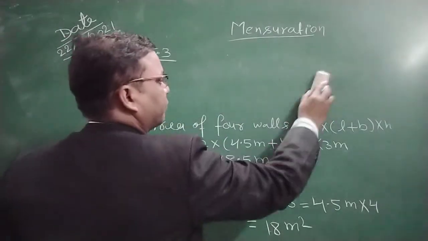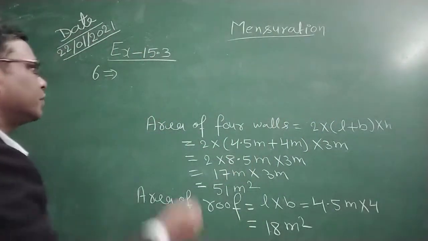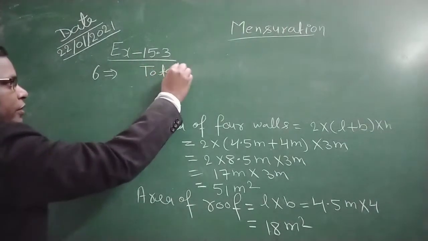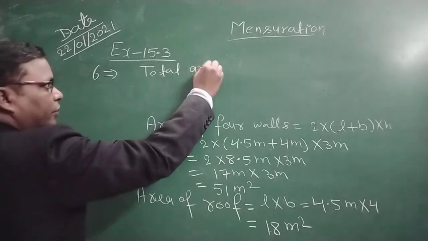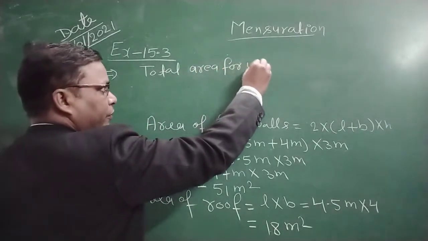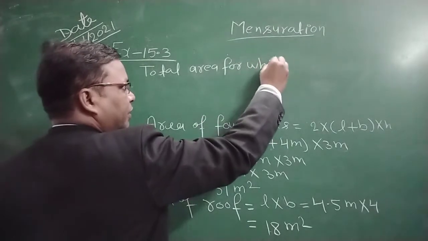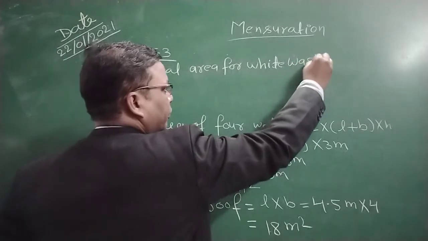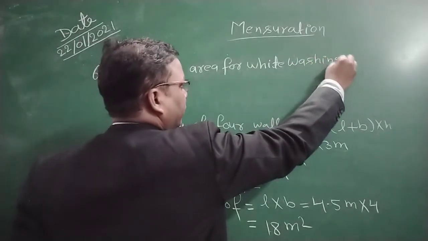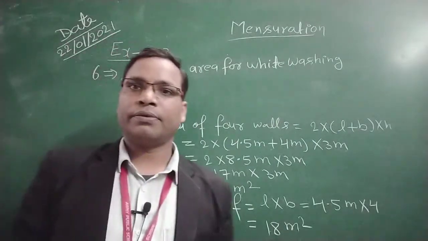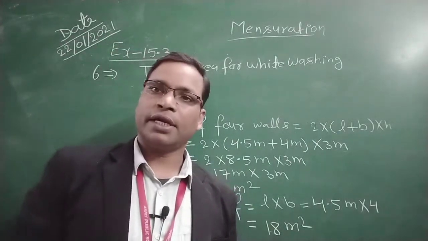Now we find the total area for whitewashing. Total area for whitewashing is equal to area of walls plus area of roof.